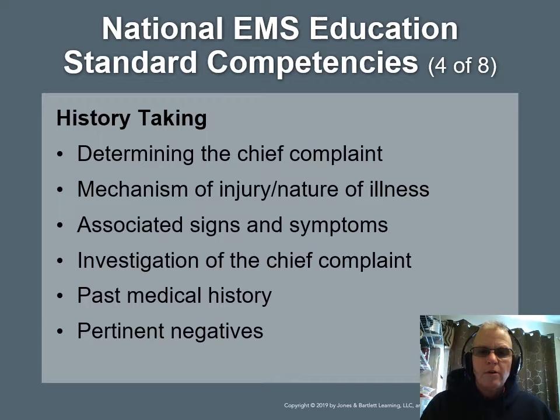Okay, so the part of history taking where we determine the chief complaint, the mechanism of injury or the nature of illness depending on medical or trauma patient, any associated signs and symptoms, we'll talk about what those mean, and past medical history, medications, pertinent negatives, all of those things are what we're looking for in the history.